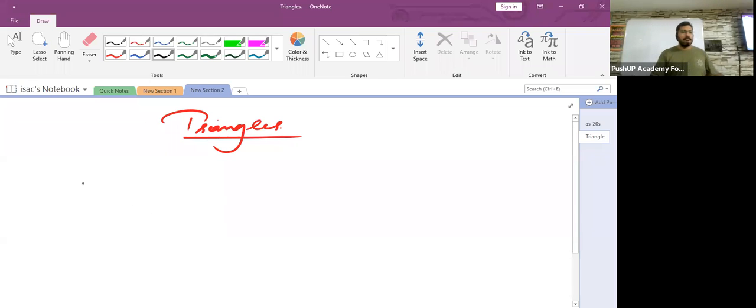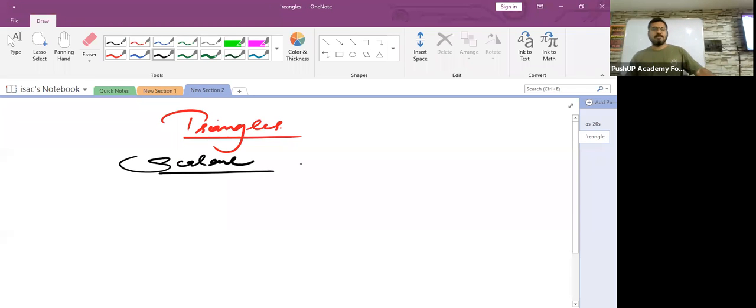Okay. The first triangle, children, is a scalene triangle. Now, you all are in class 9, so you must be knowing. Ronia, what is a scalene triangle? Wait, your name is Ronia? You look here. What is a scalene triangle? Two sides are equal. Excellent.